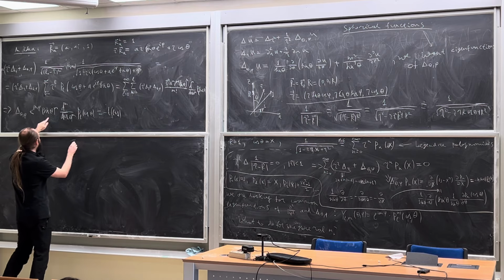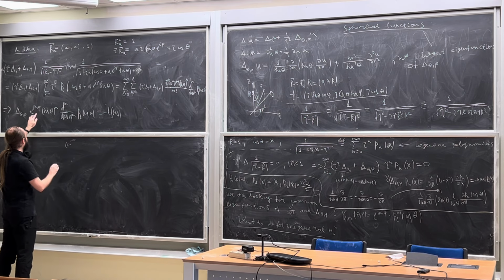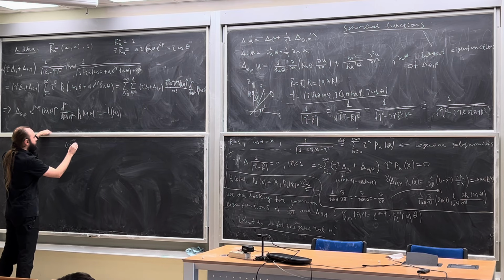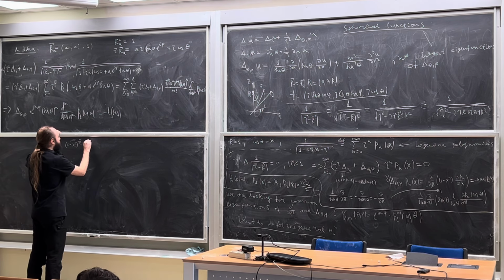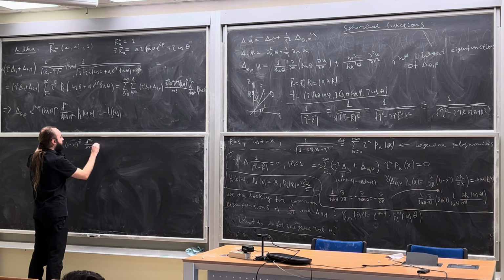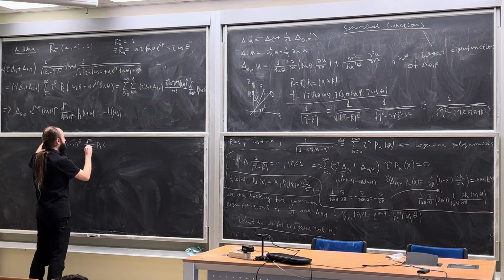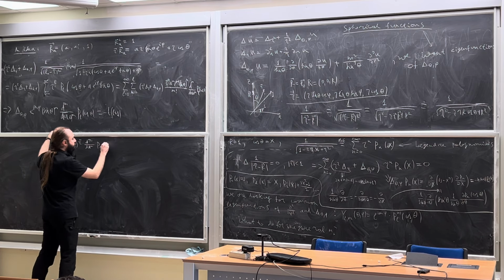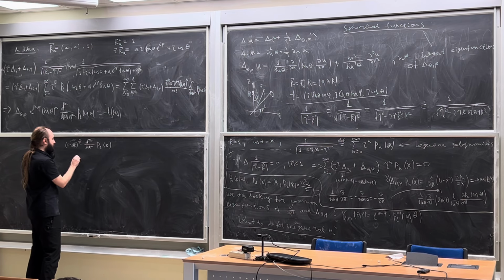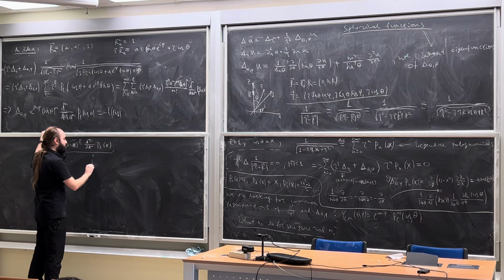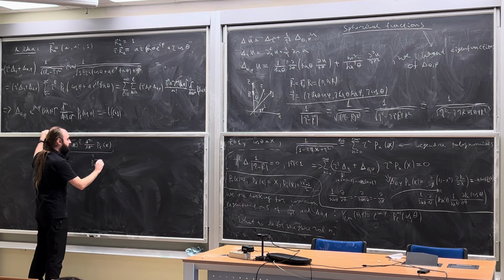So I will write this function without e to the i m phi: 1 minus x squared to the m over 2, which corresponds to sine of theta to the power m, d^m/dx^m P_l, which is denoted by P_l^m of x.